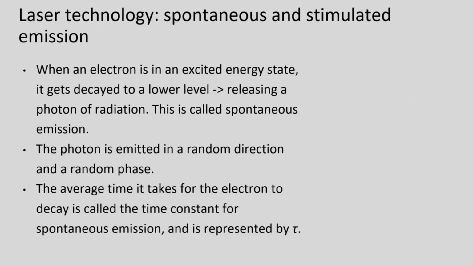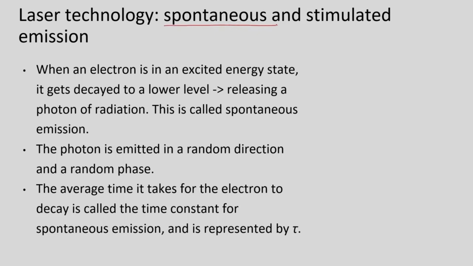Now, this emission of a photon from an electron during its change in state from a higher to a lower energy level is called emission. It is emitting the photon. Now, how is it possible? What are the various modes of emission of a photon? The first mode of emission is spontaneous emission, and the second type is stimulated emission.